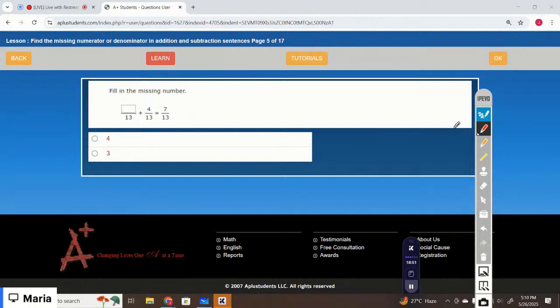That is 3 plus 4 is 7. So option number 2 is the correct option.